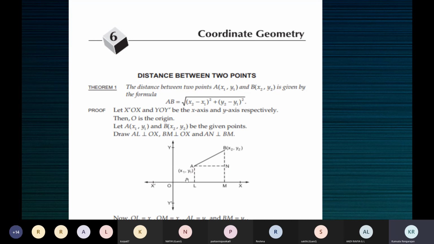So the length of the line segment OM is 10 units.